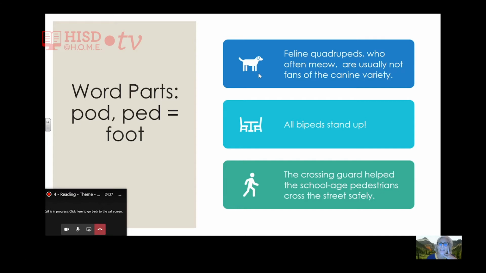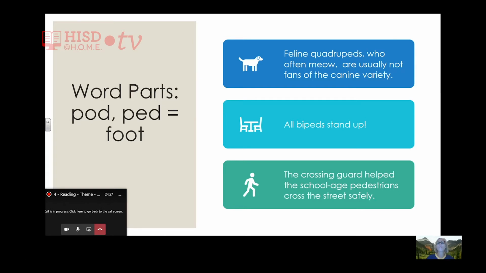A quadruped is four-footed, so feline quadrupeds who often meow, well, I'm sorry, but dogs do not meow, so we're looking at cats here, are usually not fans of the canine variety. Canine teeth, canine variety. Okay, well, what do we know about cats? They're usually not fans of dogs. So I know that I'm right on that one, and I figured that out from my word parts, quadruped, from ped.